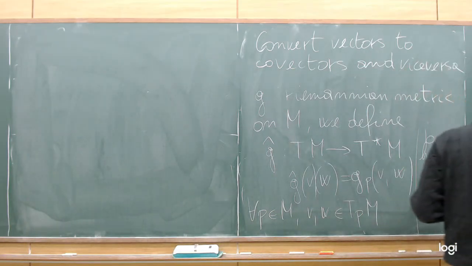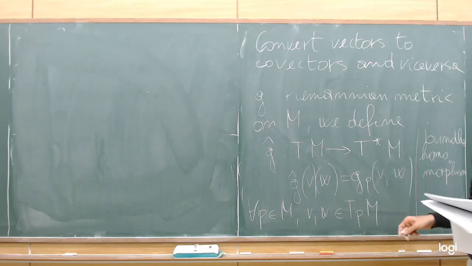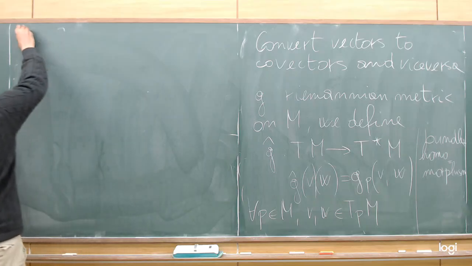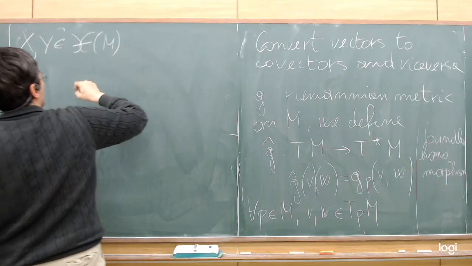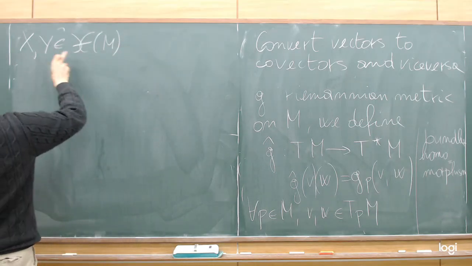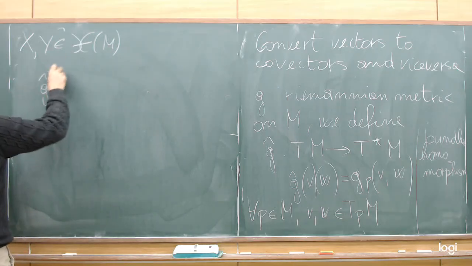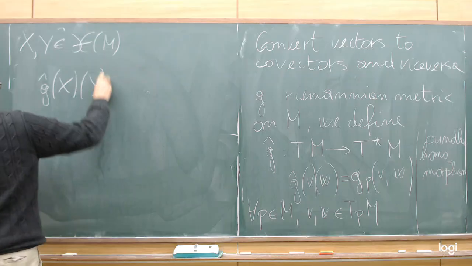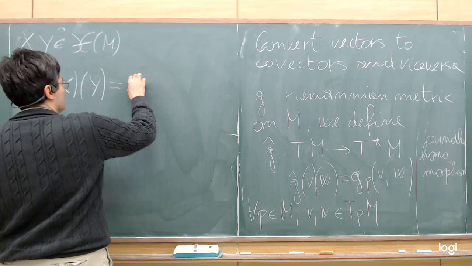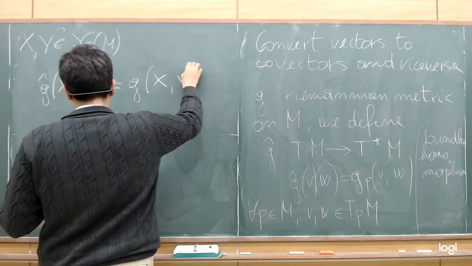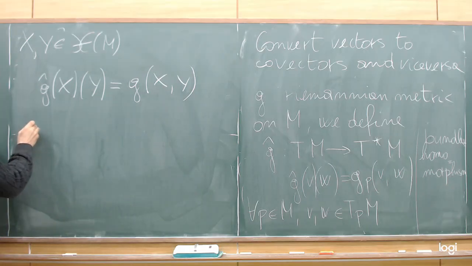It's clear that what holds if we consider smooth vector fields. So this means that X and Y are smooth vector fields on M. We have that G hat at X, Y is defined by G(X, Y). And this implies two things.